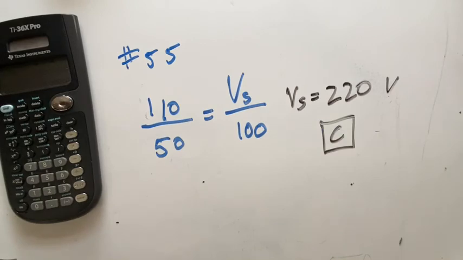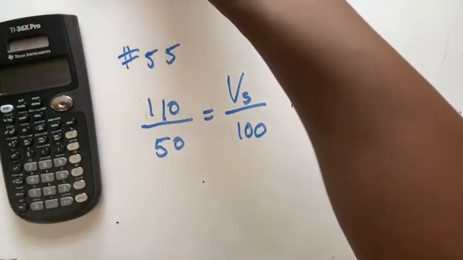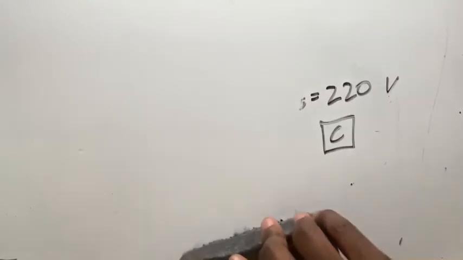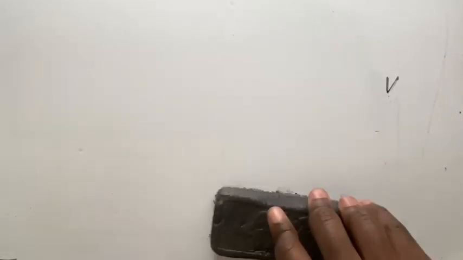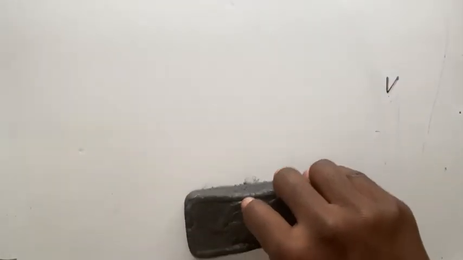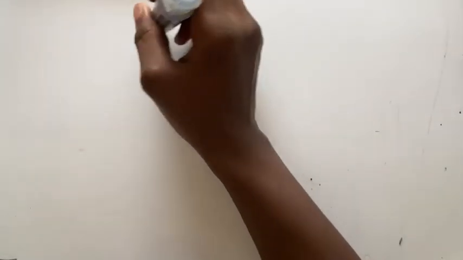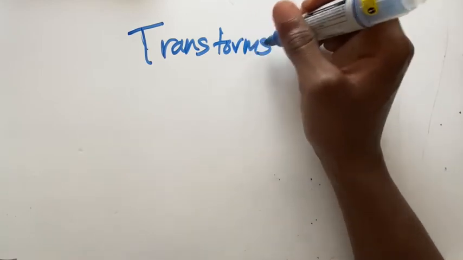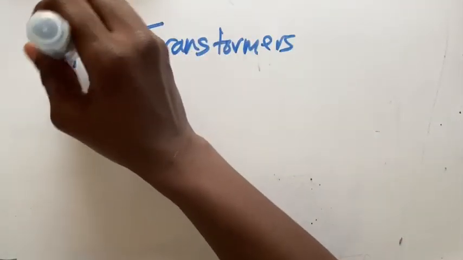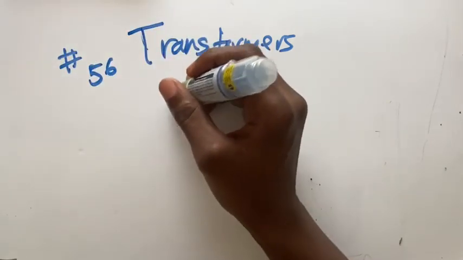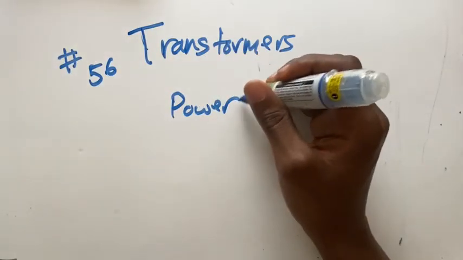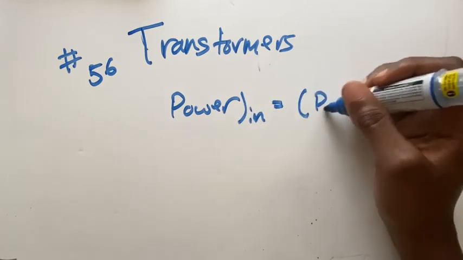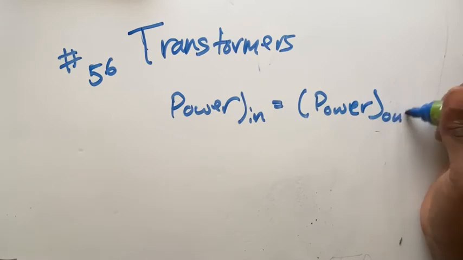All right, two more. For 56, it says a current of 4 amps exists in the primary coil of a transformer powered with 110 volts. What is the power output of the secondary coil? So for transformers, the power in always equals the power out.